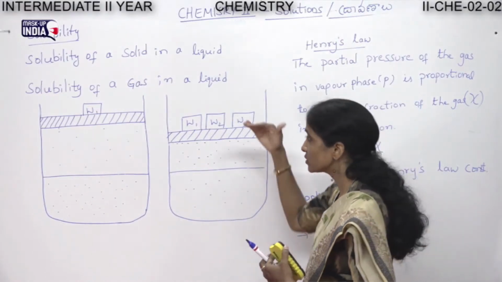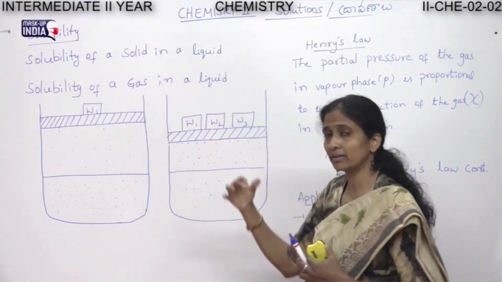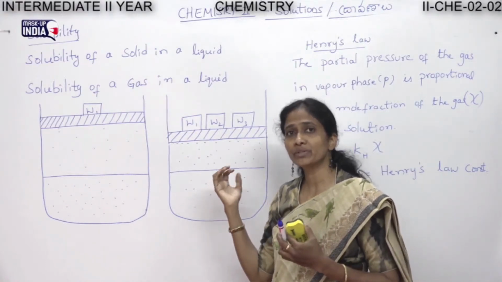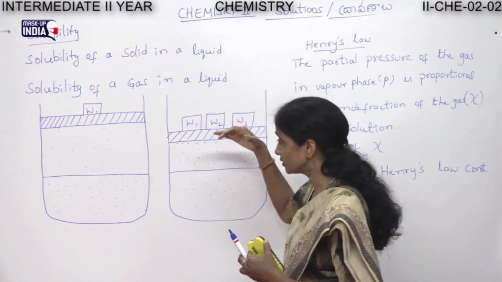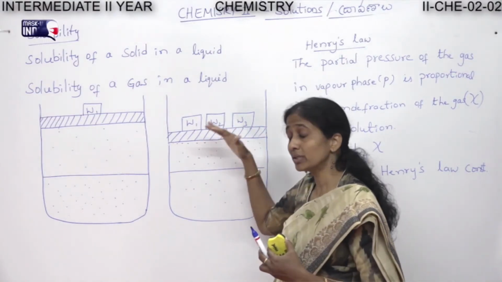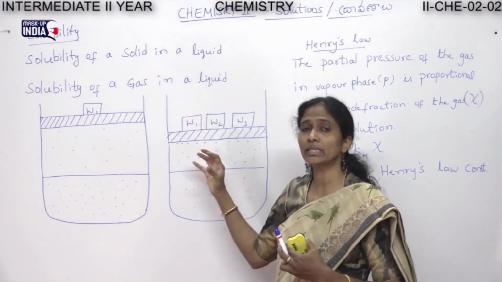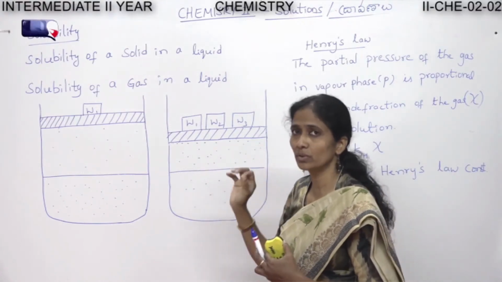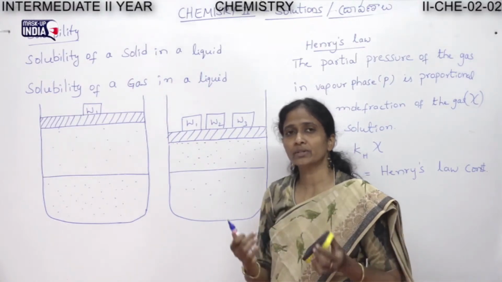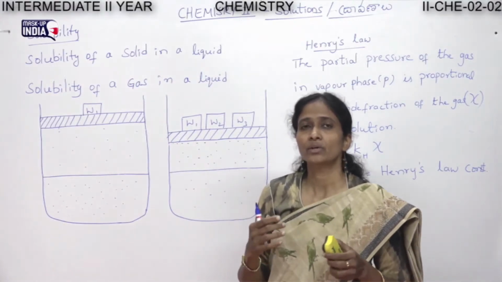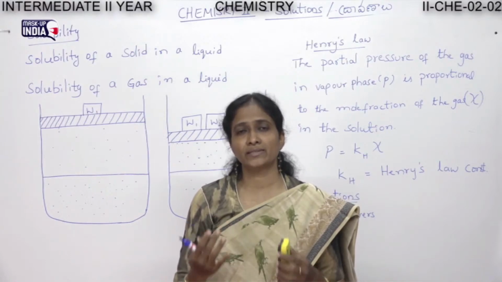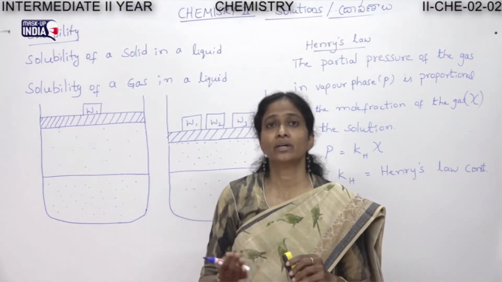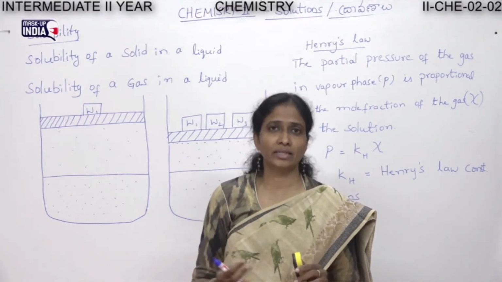When space is decreased, automatically pressure increases, and at the same time this pressure will allow the gas molecules to dissolve more in the given solution. That means pressure increases solubility of gases in liquids.